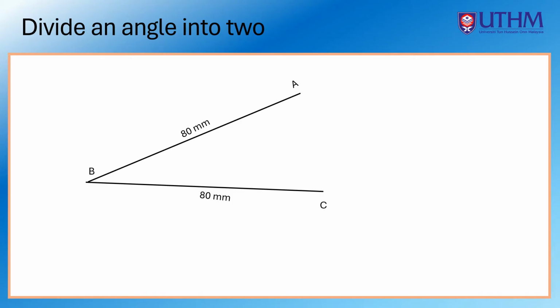From point B, a curve with a radius R1 is made that intersect with lines AB and BC. From this intersection, a curve with radius R2 is created that intersect each other.